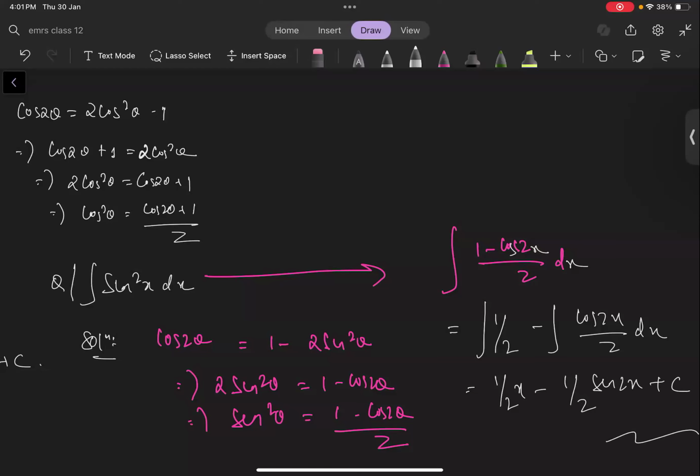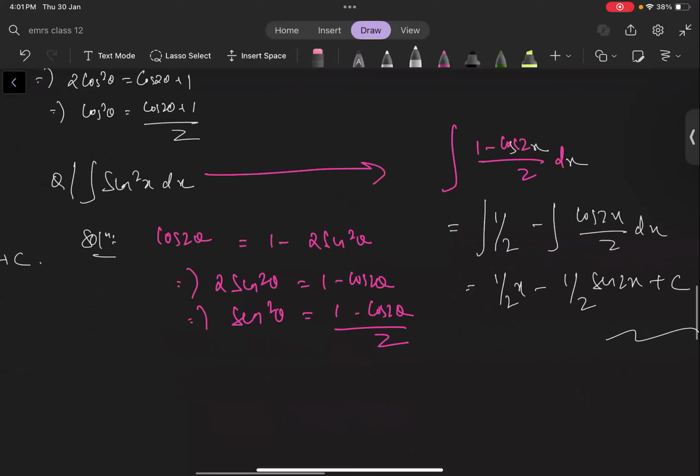Okay. I'm giving you one more question here based on trigonometric identities. After this, you can start with integration by parts. So the last question based on trigonometric identities I'm giving you.